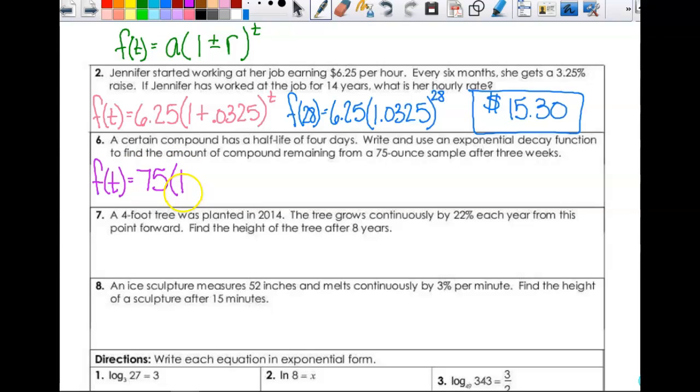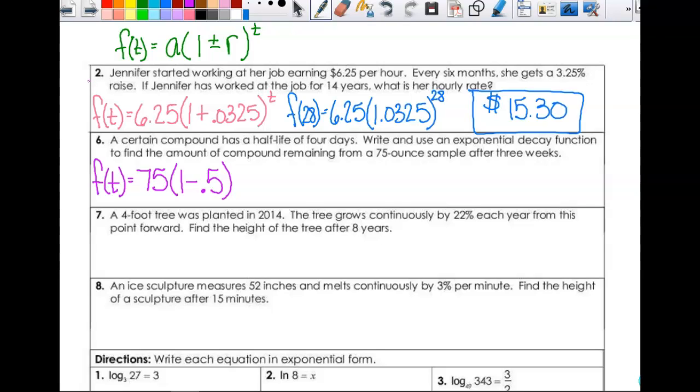This is decay, so is it plus or minus? Minus. Since it's half-life, what is my decimal? 0.5. Very good. All right, but I don't put it to the t power, because t would be like, up here, how many times it's going to replicate.